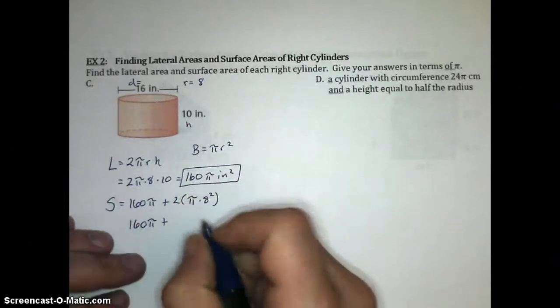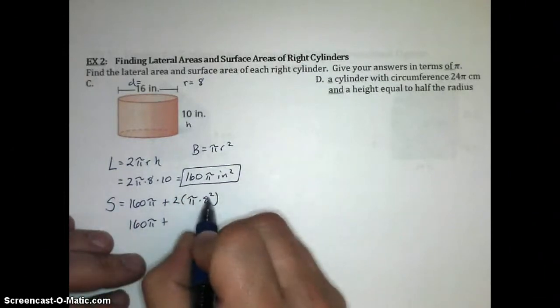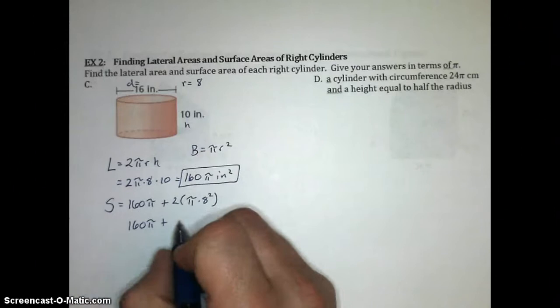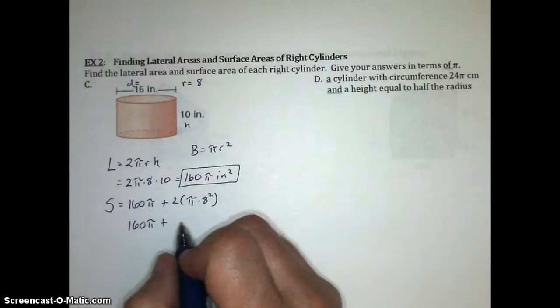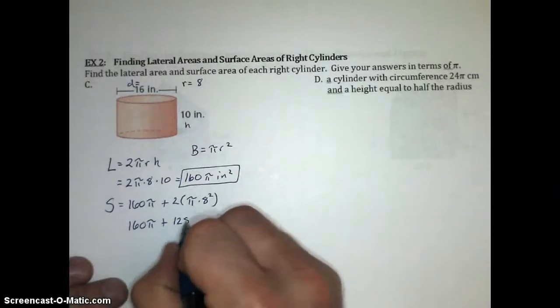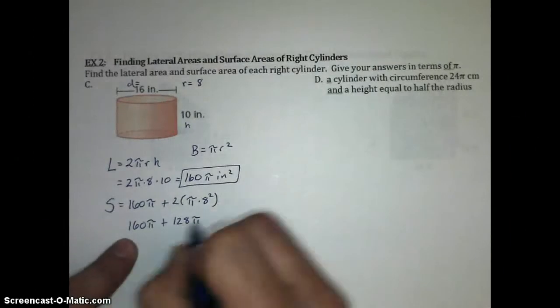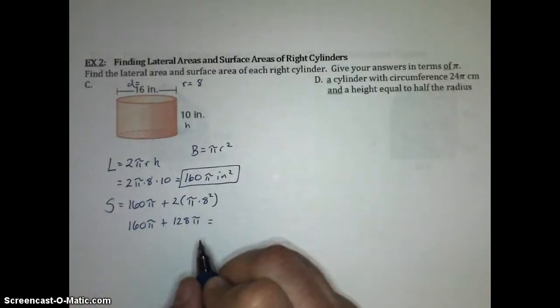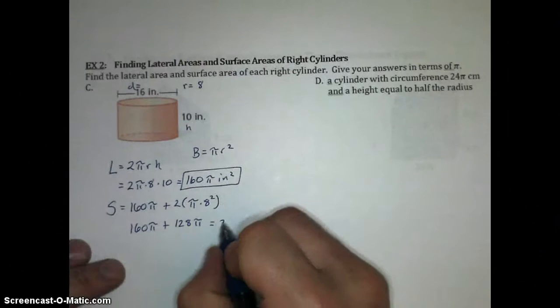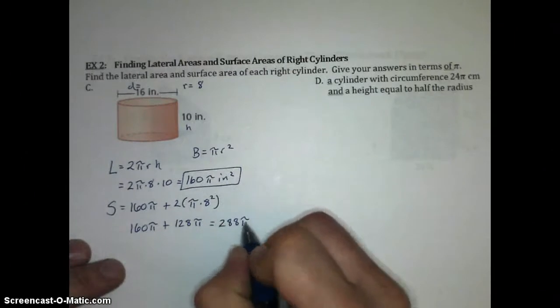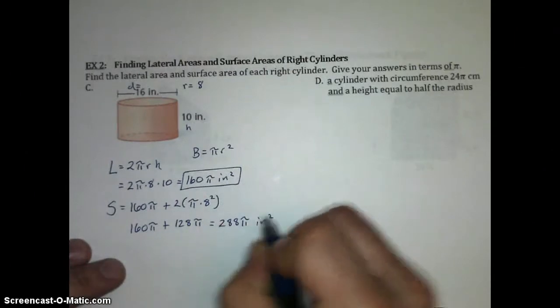So we have 160 pi plus 2 times 64 pi. 2 times 64 is 128. Now, since these are both in terms of pi, they are like terms, and we can combine them to 288 pi square inches.